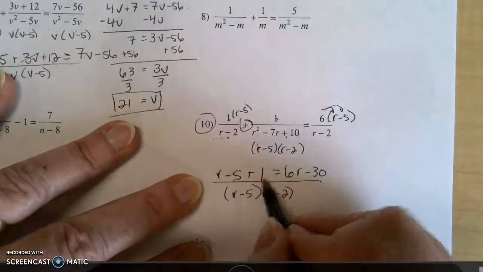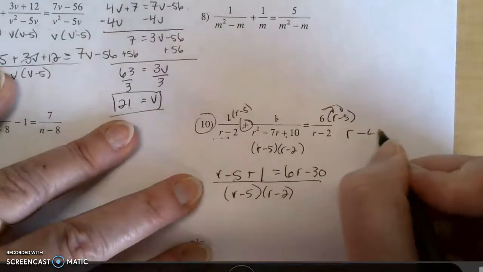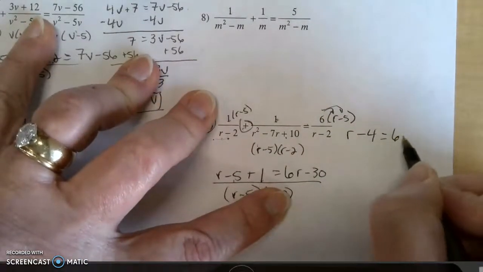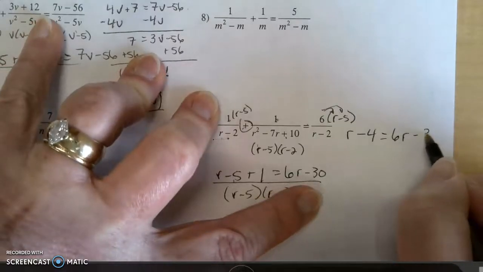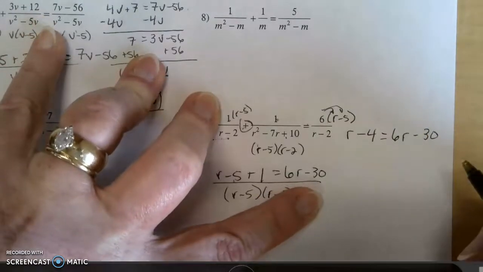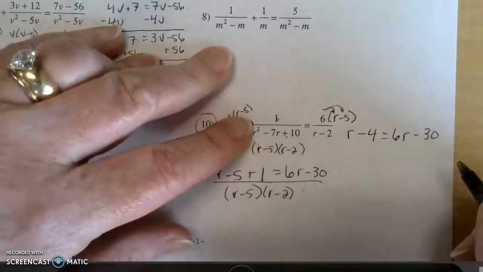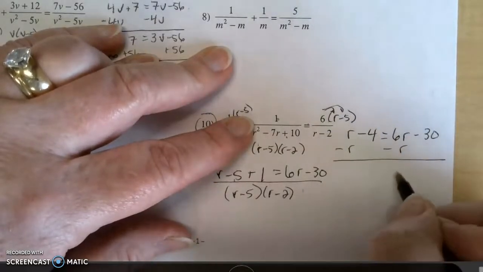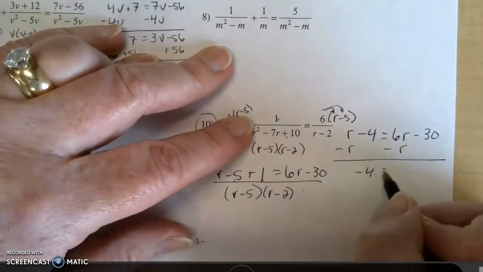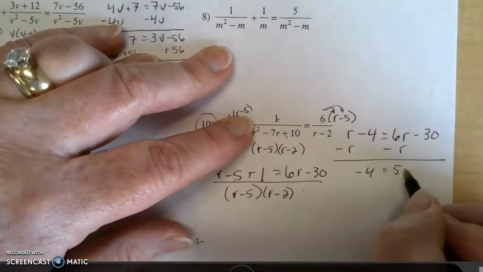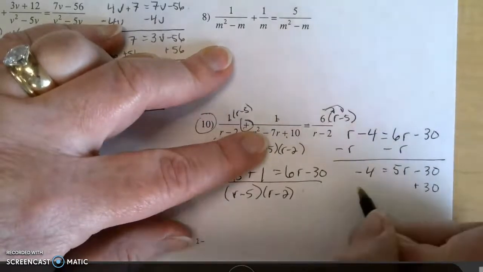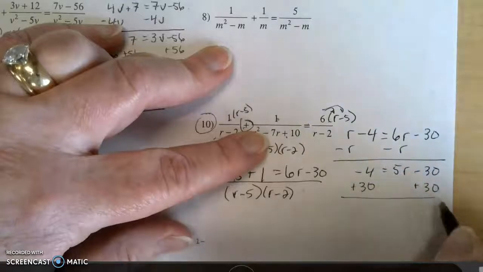I have negative 5 plus 1 gives me r minus 4 equals 6r minus 30. So I'm going to subtract r, get my r's together, and then get my numbers together.